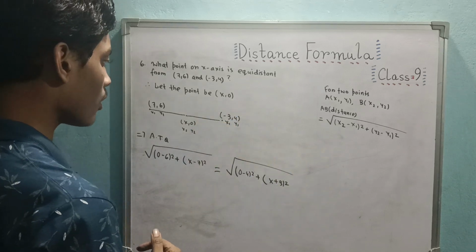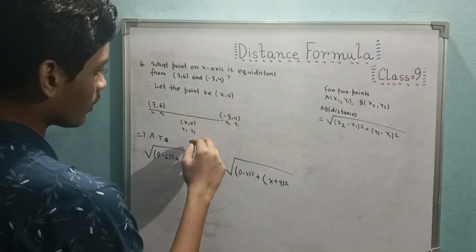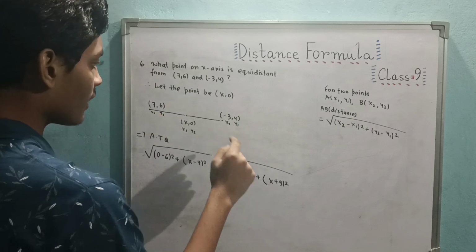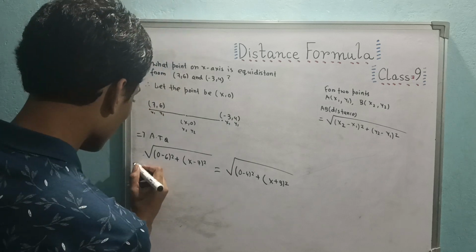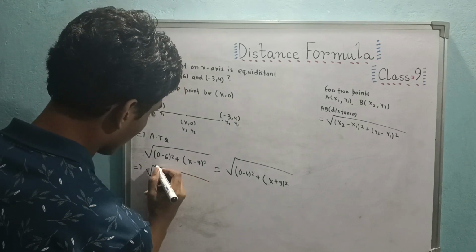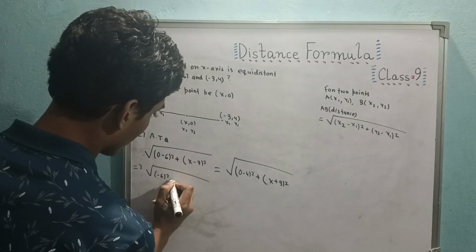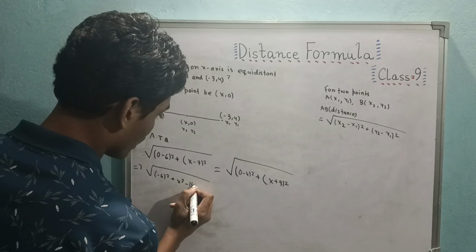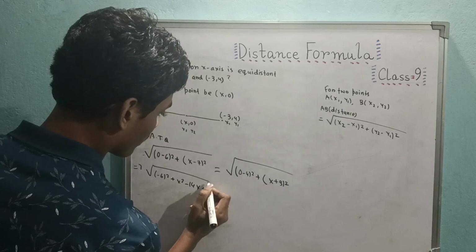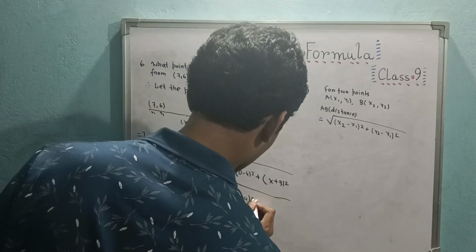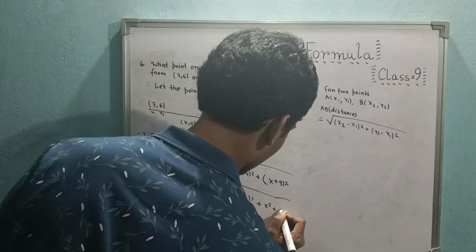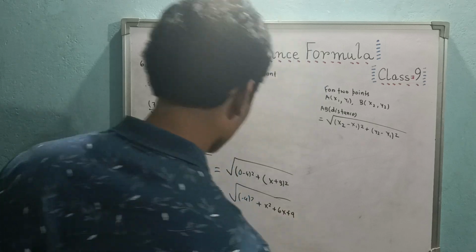Now put the distance formula. Suppose this is x2, y2. For each of the cases, take x1, y1, put in the equation. Now root of minus 6 square plus x square minus 14x plus 49 equal to root of minus 4 square plus x square plus 6x plus 9.